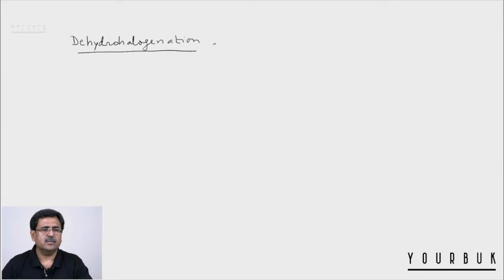Dehydrohalogenation means loss of H and X from the same alkyl halide. Now this D means loss. It's a loss of hydrogen, that's hydro, and loss of halogen from the same compound.